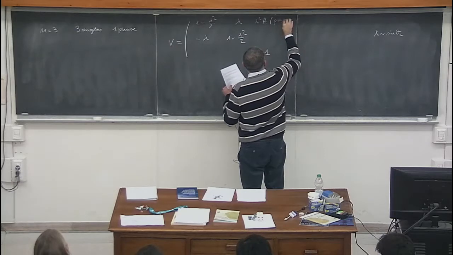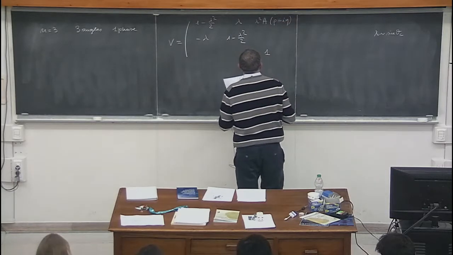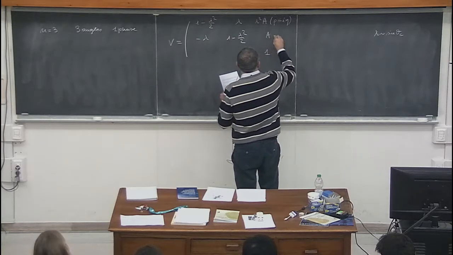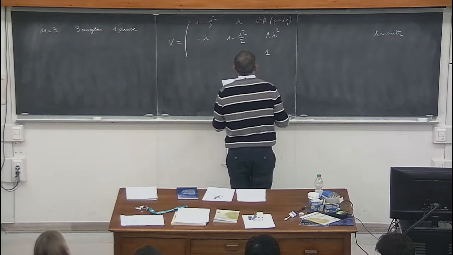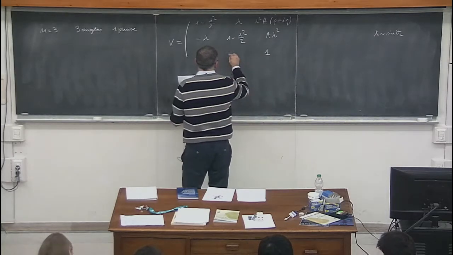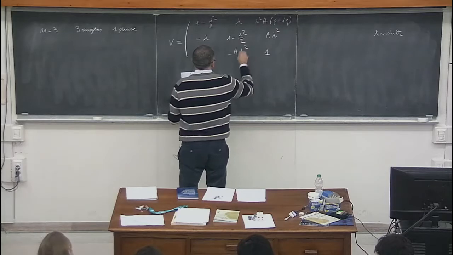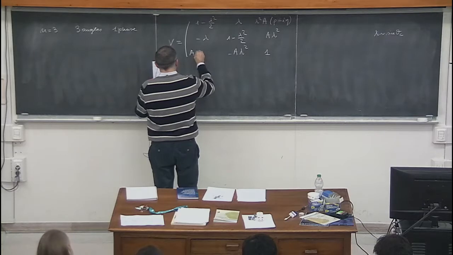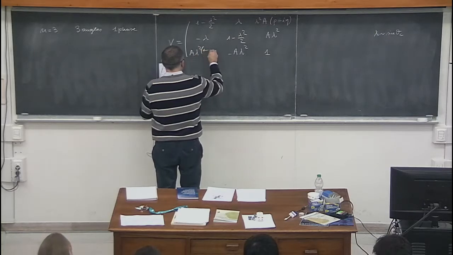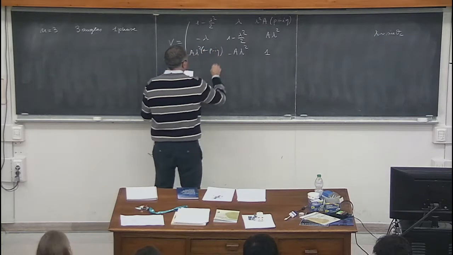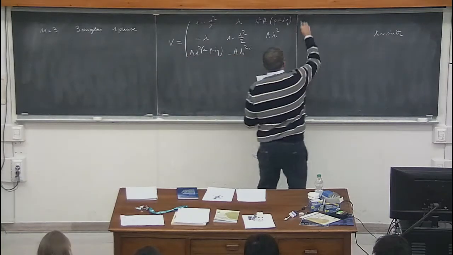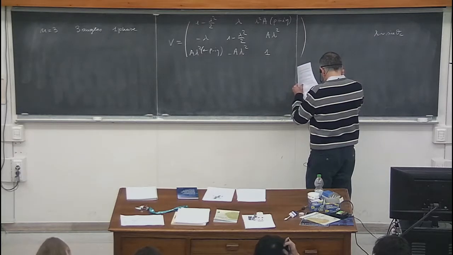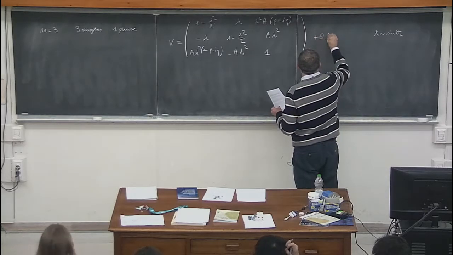Then all other parameters are fixed by unitarity. A lambda square, minus A lambda square times 1 minus rho minus i eta. And the corrections to this parameterization are of order the 4th power of the sine of the Cabibbo angle, which is very small.